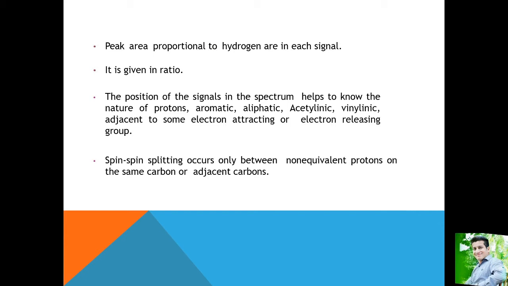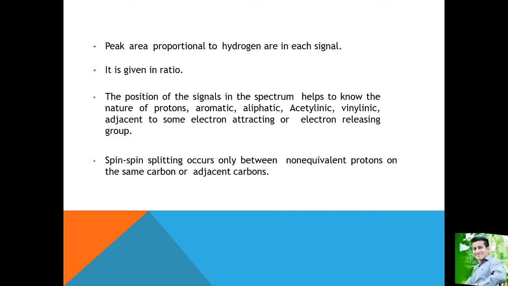The peak area is proportional to the hydrogens in each signal, so it gives a ratio. We can differentiate by counting the ratio or the peak area of the particular signal.